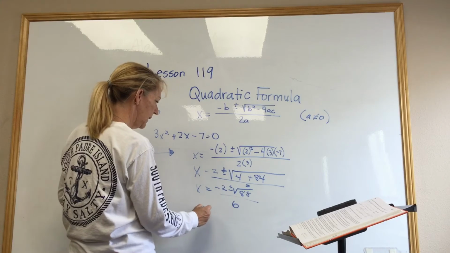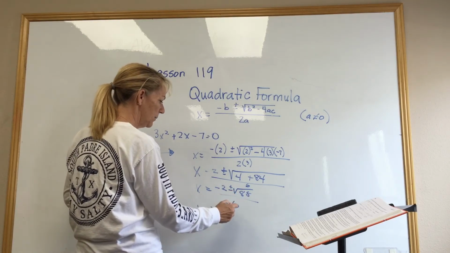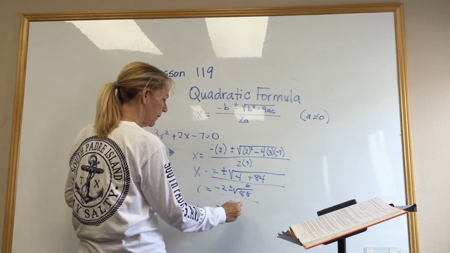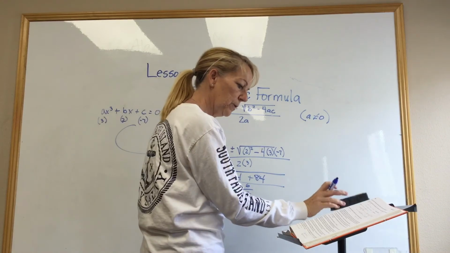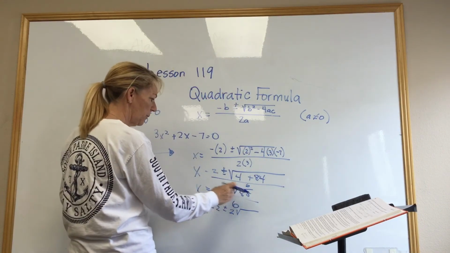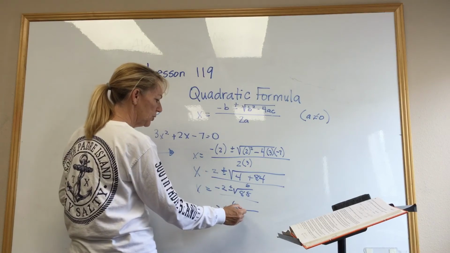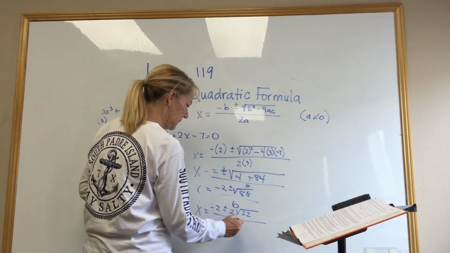So x equals -2 plus or minus. I can pull the 4 out, and that'd be 4 times 22. 4 times 22 is 88. So I can take the square root of the 4 out and leave the 22 behind. And then over 6.